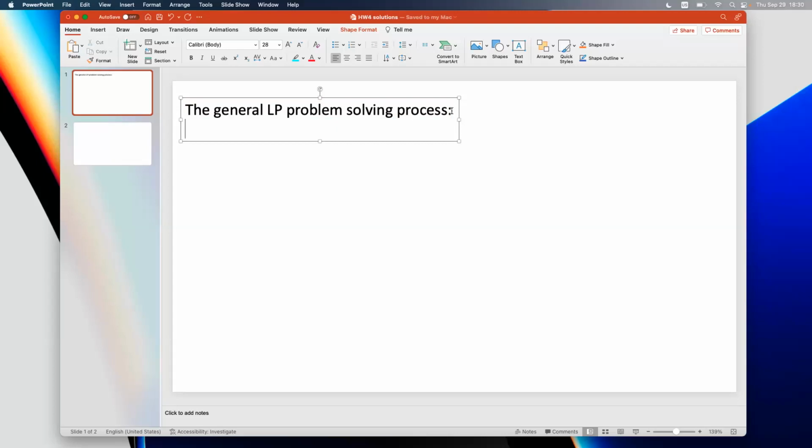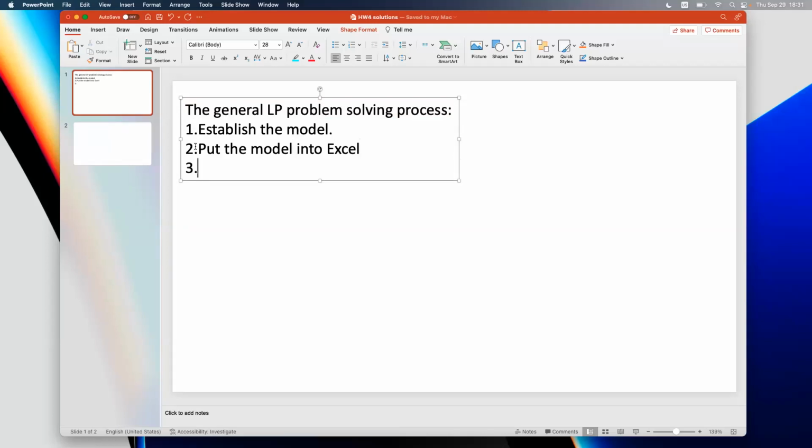So we all know, in order to solve a linear programming problem, first we need to establish the model. The second step, we want to put the model into Excel.